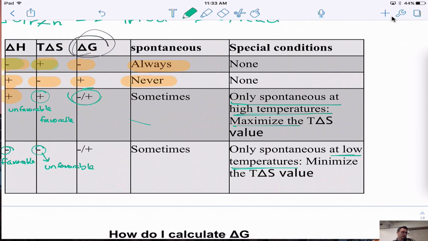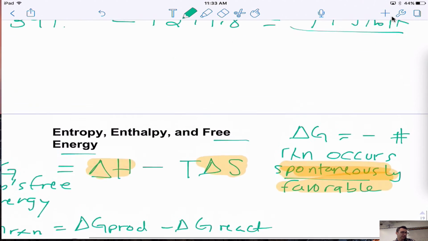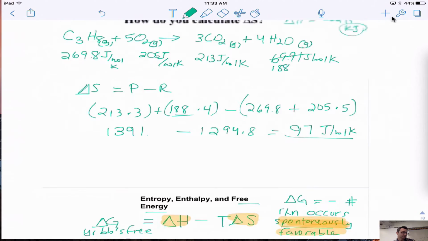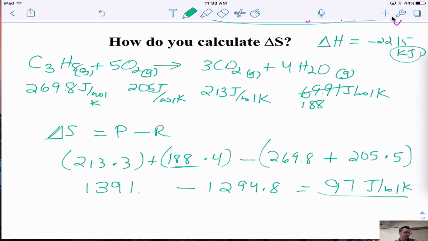But let's tie this into our reaction. So our reaction that we did with our C3H8 up here, let's zoom out, it had a delta H that was negative. Delta H equals a negative value. And it had a delta S, which was positive. This means that this reaction will always be spontaneous.